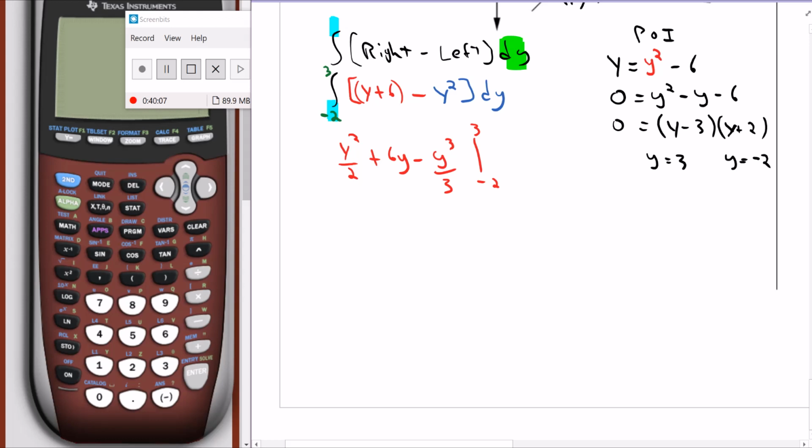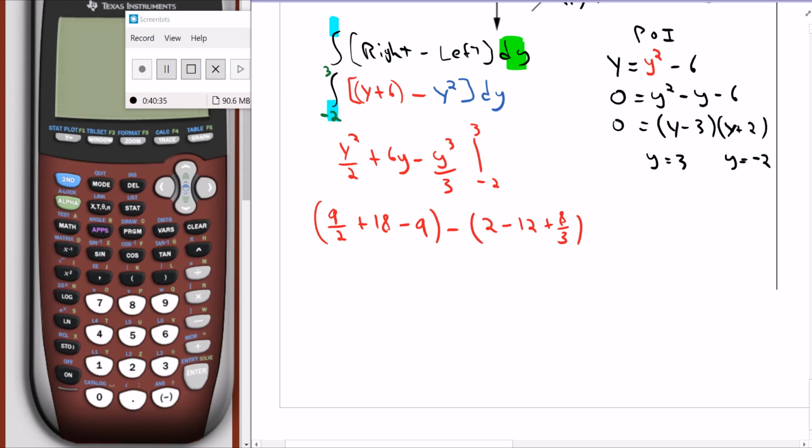And so if I plug in 3, we're going to get 9 halves plus 18 minus 9, right? 3 to the 3rd is 27. 27 divided by 3 is 9. Minus, plug in -2, we're going to get 2 minus 12 plus 8/3.